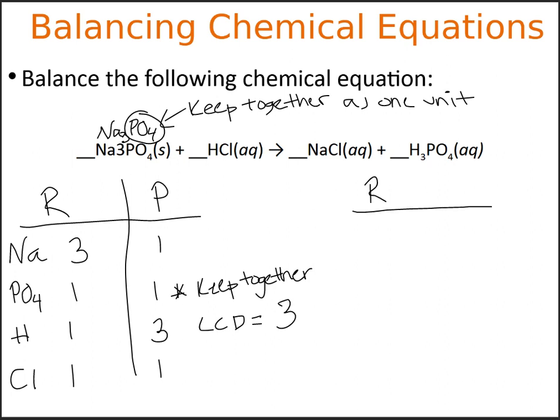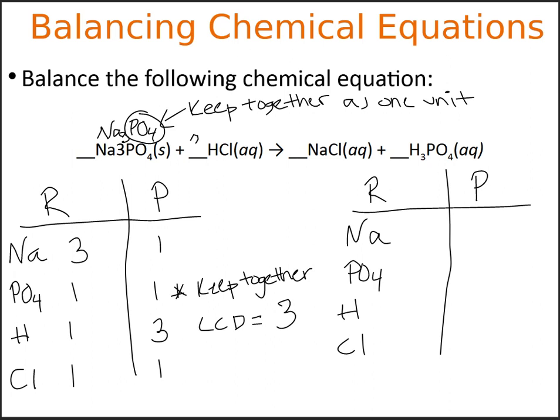So I'm going to make my new table so I can start keeping track of this. I'm very much a creature of habit. I write everything in the same order for both tables so that I don't get confused. Now I said I was going to multiply the hydrogens by 3 on the reactant side. So that gives me 3 hydrogens on the reactant side, and I have not touched the hydrogens on the product side.